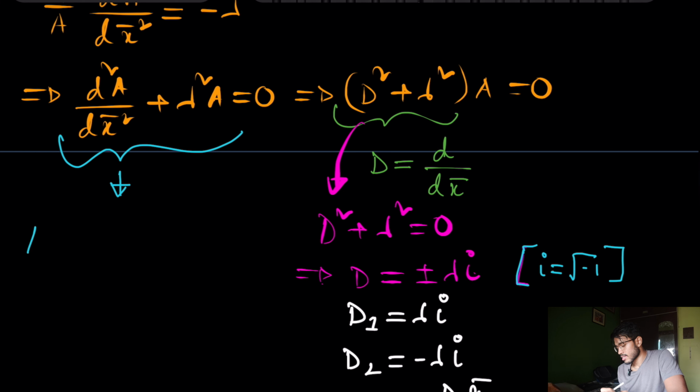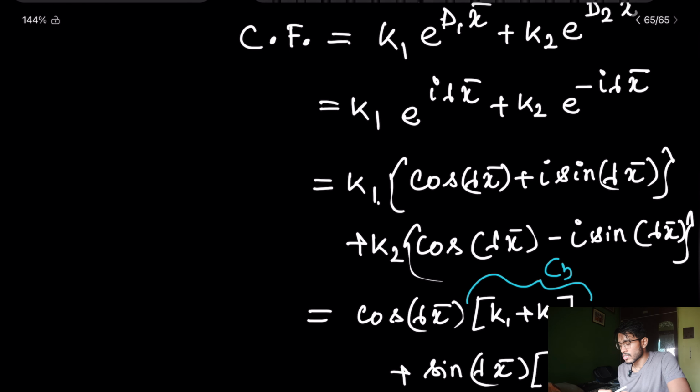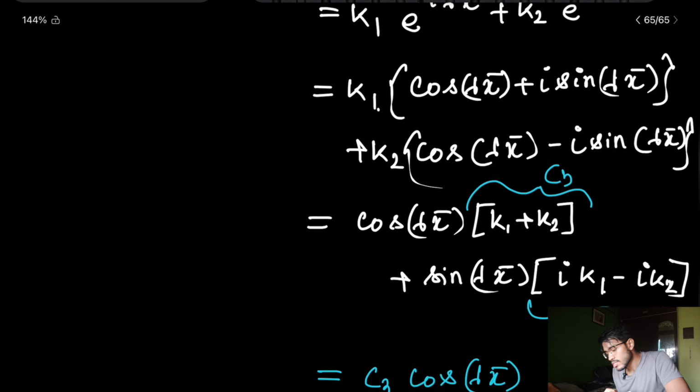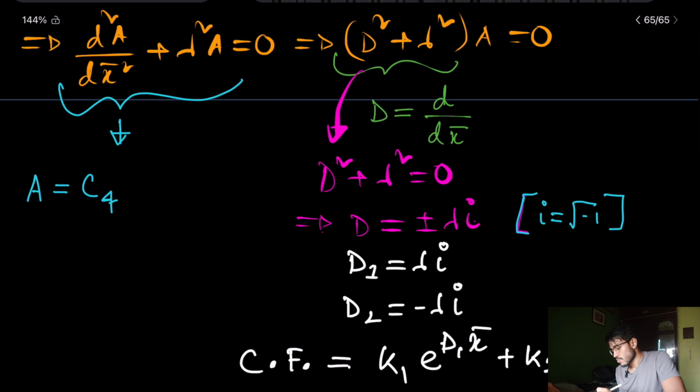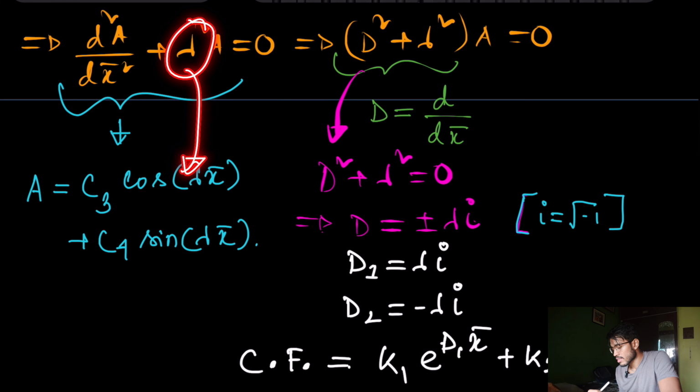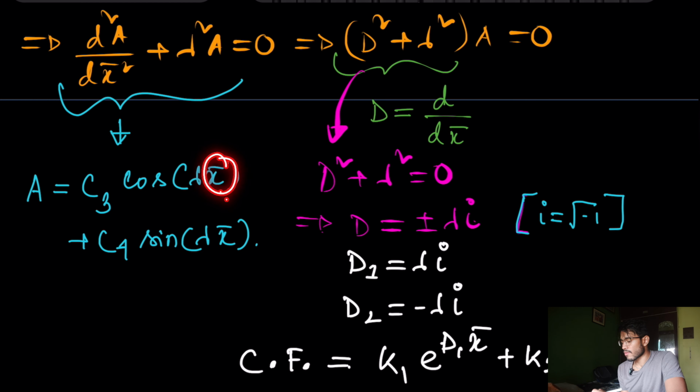A is equal to, let me be consistent with the things, C3 with cos, so C3 cos λx̄ plus C4 sin λx̄. I had λ² here, so I have λ here, and I had x̄ as my independent variable, so here also I have x̄.